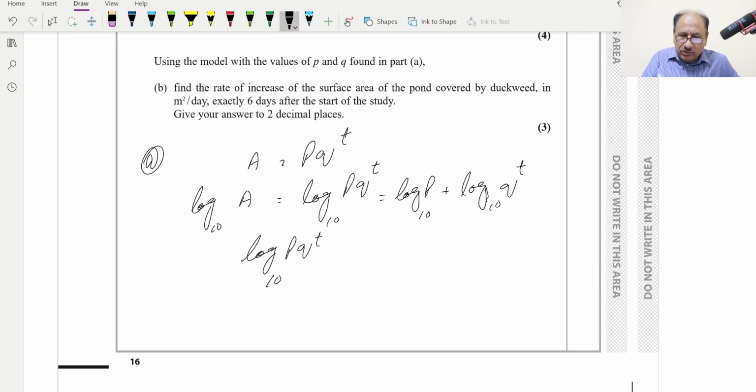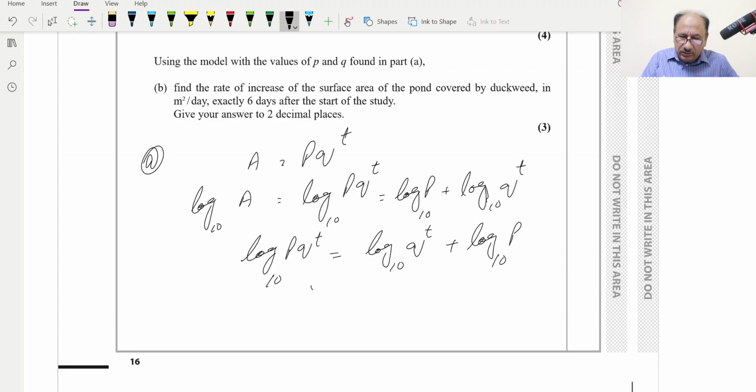Log of A is equal to log base 10 q raised to the power t plus log of 10 p.